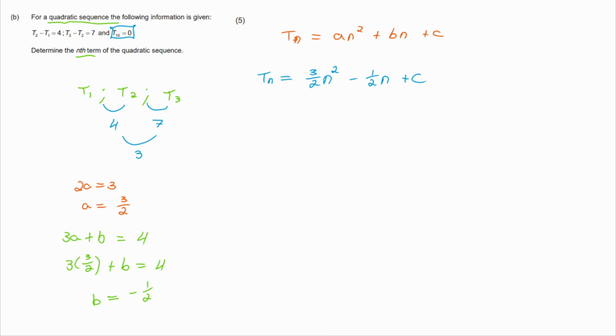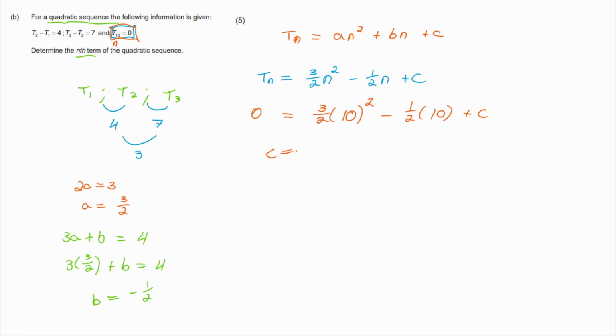What I can do here is substitute that T10 is 0, so Tn is 0 and n is 10. So I have 0 is equal to 3 over 2 times 10 squared minus a half times 10 plus c.